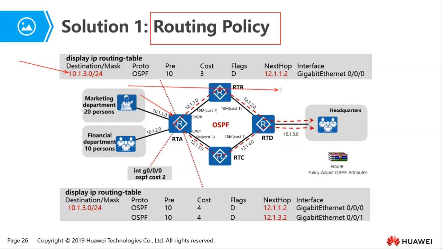So we want to send a packet to the headquarters. RTA receives it, searches through the routing table. Do I have this network? Then after that, it looks at the next hop. So I'm supposed to send it to 1.1.2, which is this interface here on RTB.